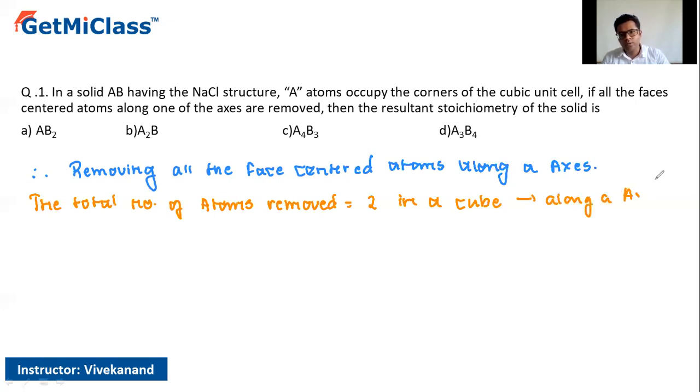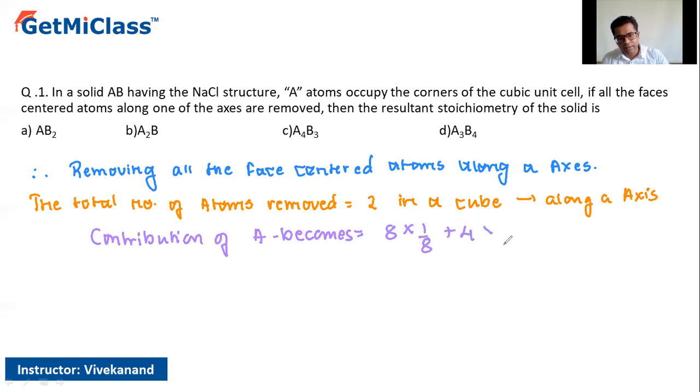Due to this, the contribution of A now becomes 8 into 1/8 plus 4 into 1/2 for the face-centered, and the entire thing becomes equal to 3, because we have removed 2 of them along the faces.